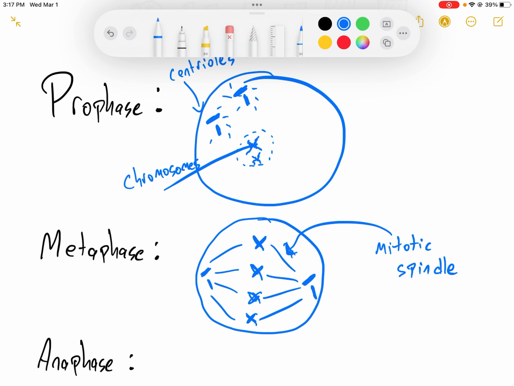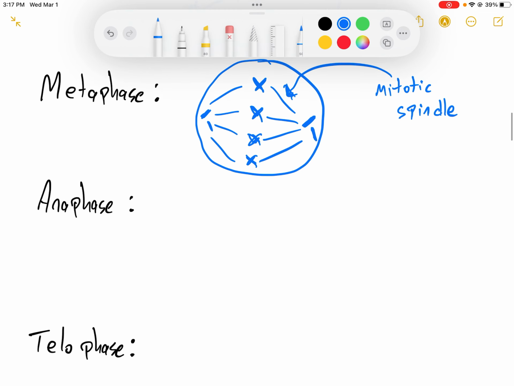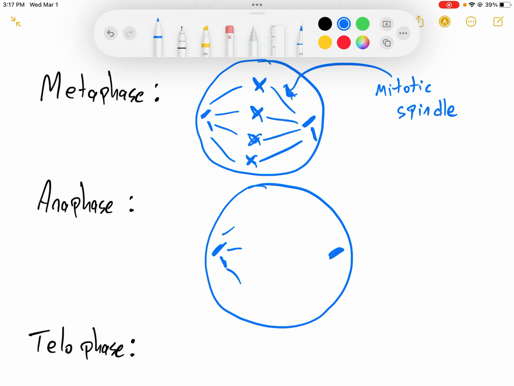So let's move on. Metaphase, middle. We already kind of talked about that at the beginning of our video. In anaphase, our chromosomes start to get pulled apart, okay? So let's draw my chromosomes like this, because our chromosomes were in the middle, as we can see at metaphase, and then these centrioles are going to pull those chromosomes apart.